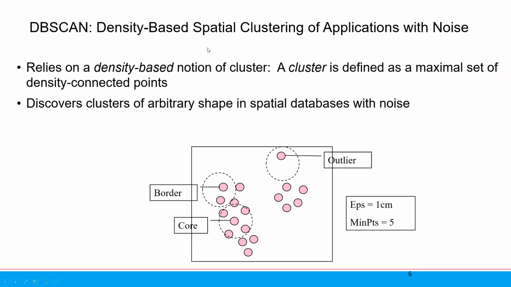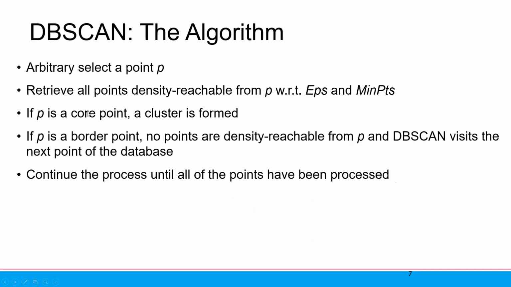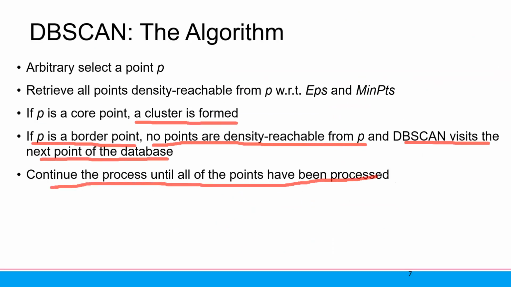The core point is a point that fits the minimum points. So if it is a core point, then let's make the cluster. If it is a border point, then no points are density reachable from P, and DBSCAN visits the next point of the database. So we can select another point. Continue the process until all the points have been processed.